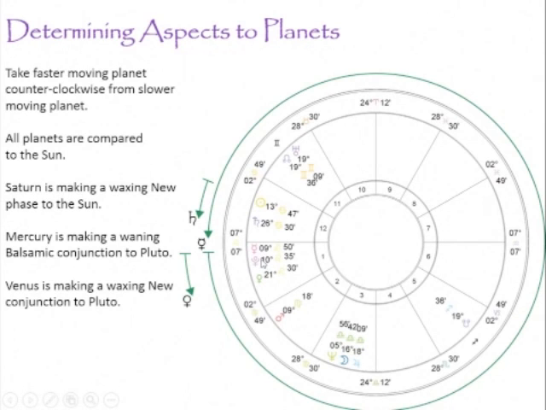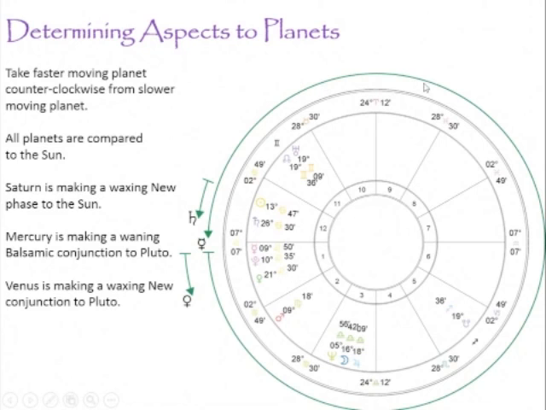But it is a balsamic conjunction versus Venus being 11 degrees away from Pluto. And this is this other green line over here starting with Pluto, but only going 11 degrees until we get to Venus, which is just beyond a new conjunction to Pluto.